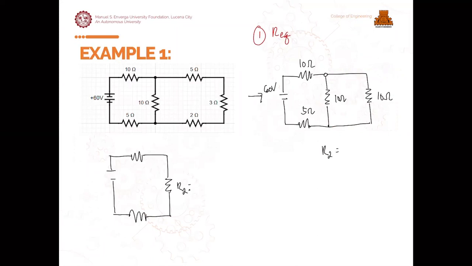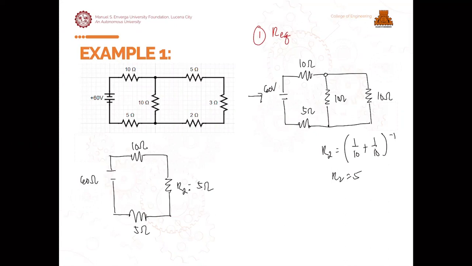So, R2 will be equal sa 1 over 10 plus 1 over 10. Then, kunin lang natin yung inverse. Okay? So, ilan yan? So, we have 10 inverse plus 10 inverse. Then, inverse ulit natin. We have 5. Okay? Ibig sabihin 5 ohms to. Then, 10 ohms. Then, 5 ohms. Then, we have 60 volts.